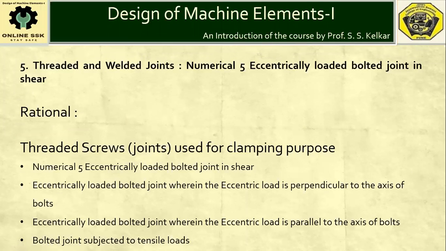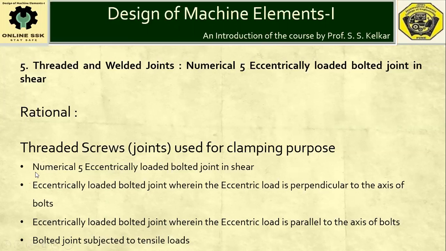Now, we have already studied that there can be four different types of numericals based on threaded joint considerations. While designing the threaded joints, that means deciding the dimensions of the bolts, there can be four different types of numericals that can be asked in your examination.